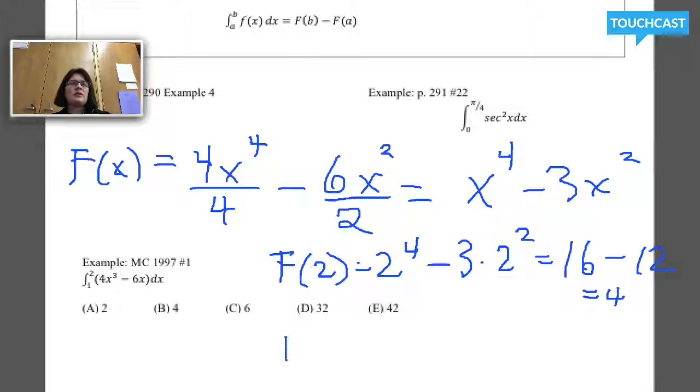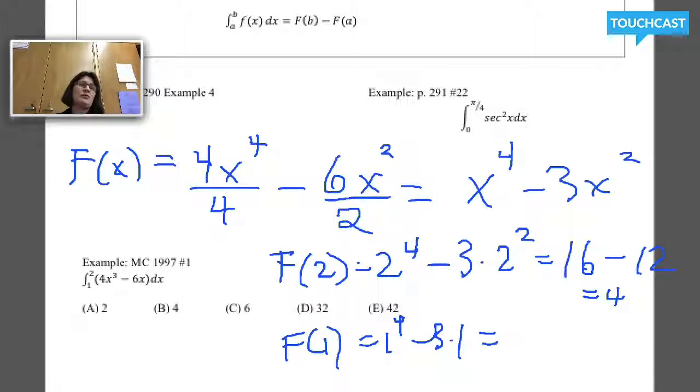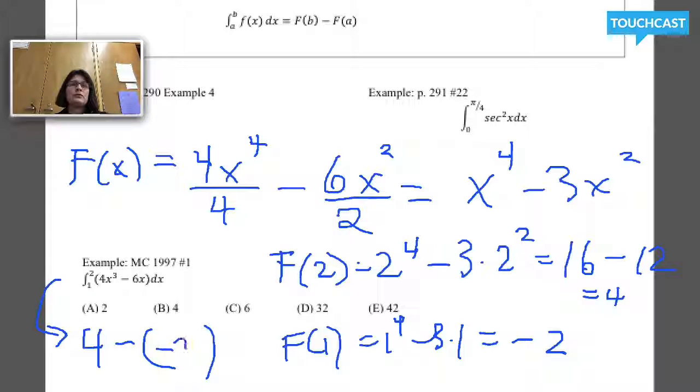I'm going to write myself a note that F of 1 is going to be 1 to the 4th minus 3 times 1, which is 1 minus 3, which is negative 2. So this definite integral is equal to F of 2, which is 4, minus F of 1, which is negative 2, which gives a final answer of 6.